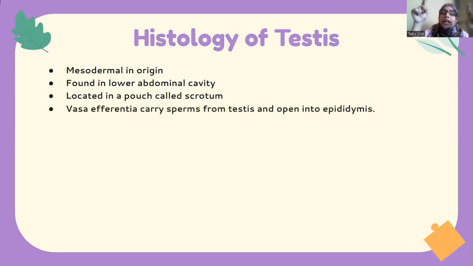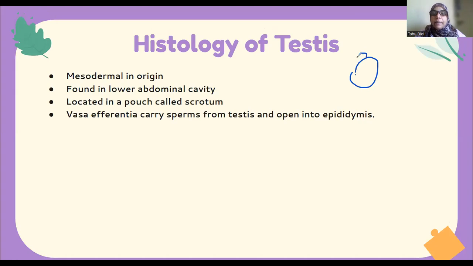Then the duct that carries the sperms from the testes is known as vasa efferentia. Efferentia, not differentia. So you have this testes over here. Here is the epididymis, and from the epididymis the vas deferens comes out, and here you saw all the tubing.